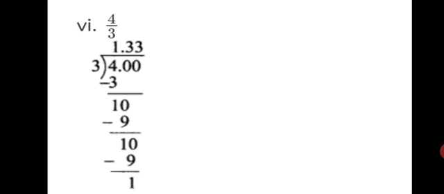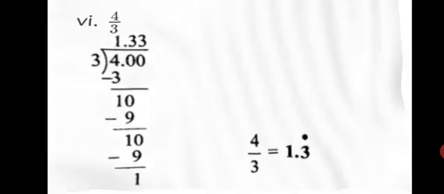It is called a recurring decimal form of a rational number, because the remainder is not 0 and you can see the number 3 is repeating itself. So 4 upon 3 is equal to 1.3 with a dot on top of 3. Okay, this is very simple once you practice.